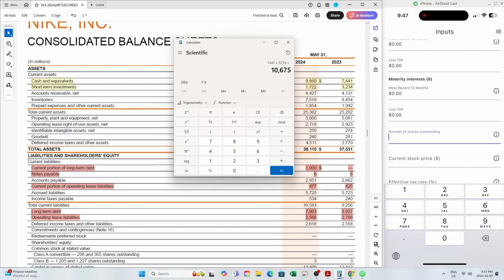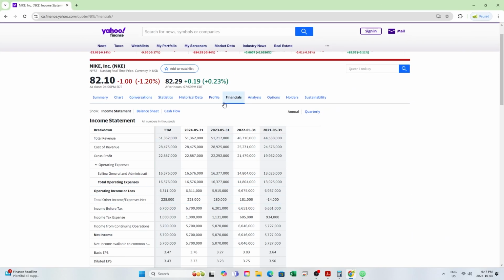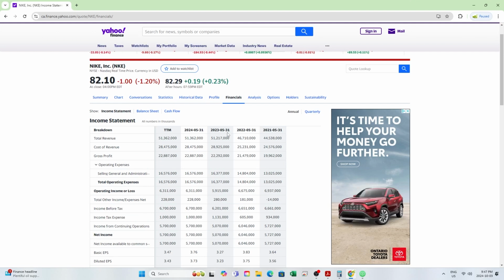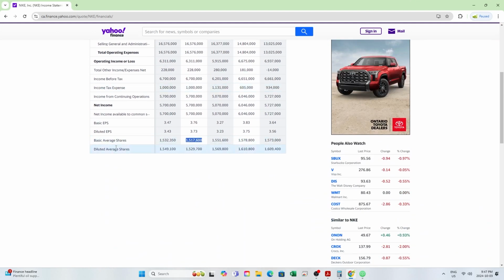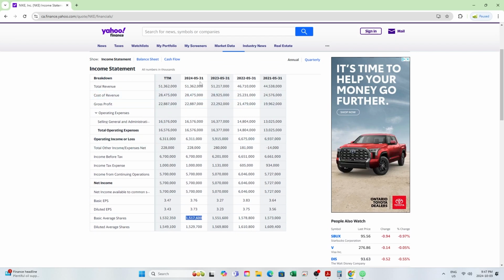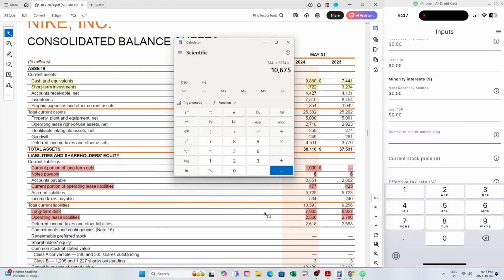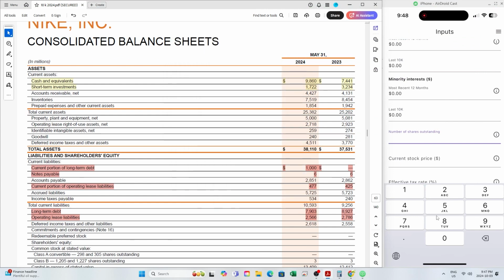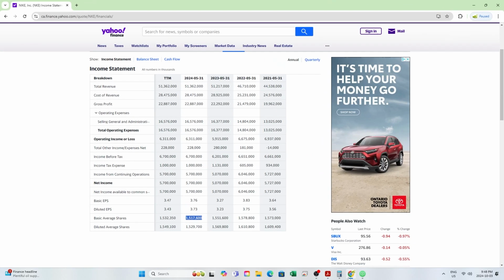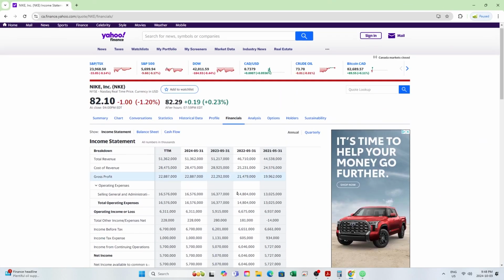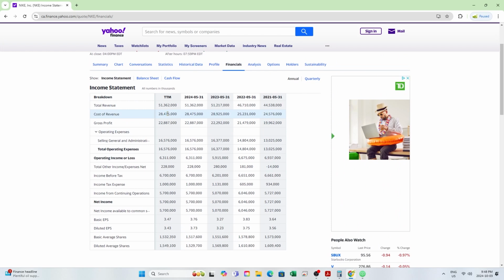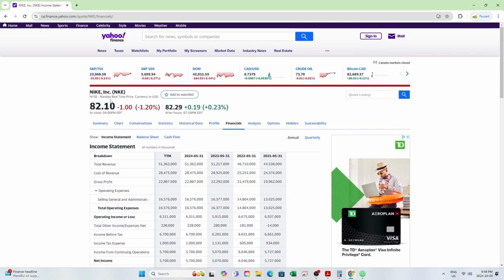For the number of shares outstanding, we can find the latest number on Yahoo Finance in the financial statement, which shows 1.5 billion shares outstanding. And the current stock price we can also find on Yahoo Finance. It is trading at $82.10 today.